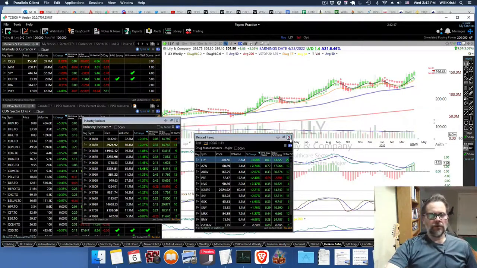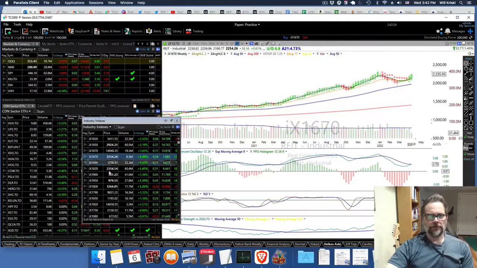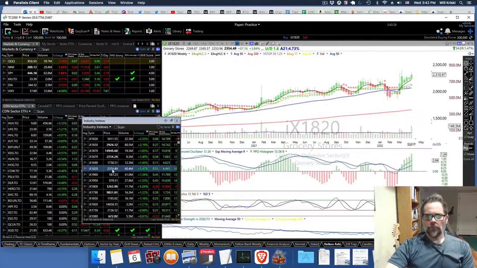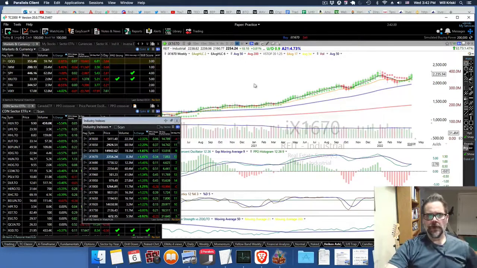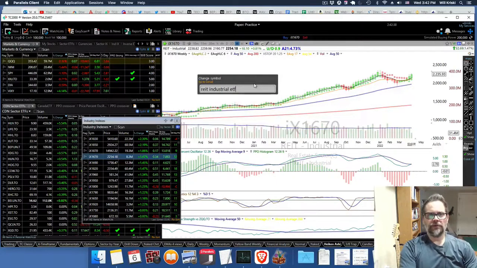And so, but the other thing you can also do is look at sectors. Like if you, over time, you get to know what sectors. Like for example, if I just click on here and I go REIT and type in industrial, I could even put ETF in there. No, that doesn't work.